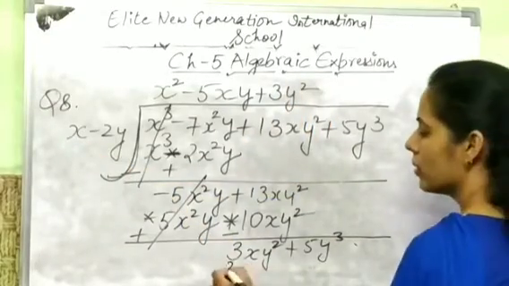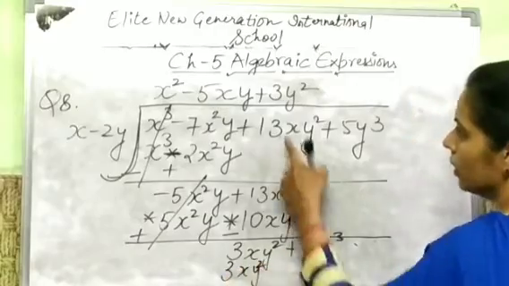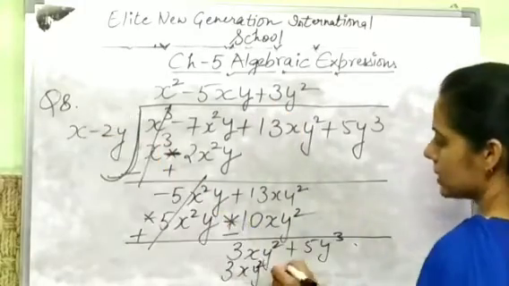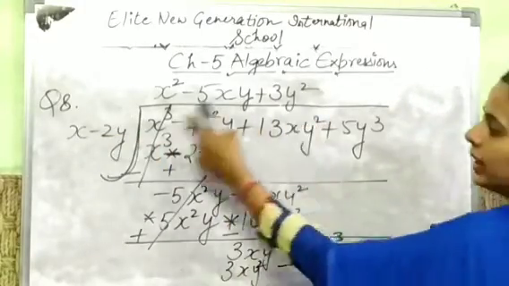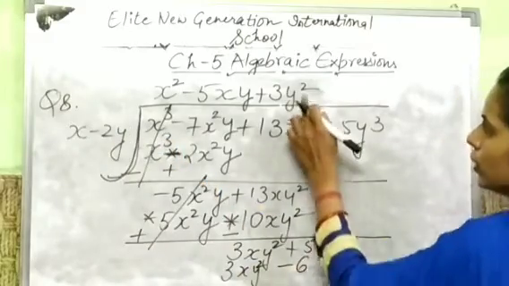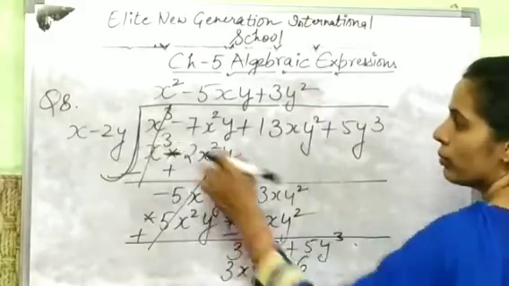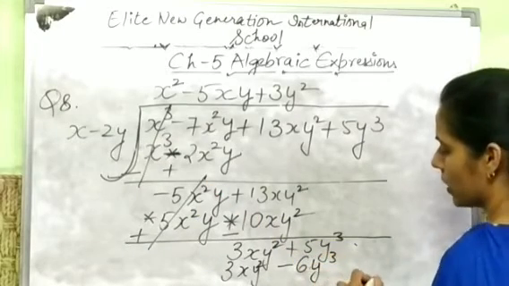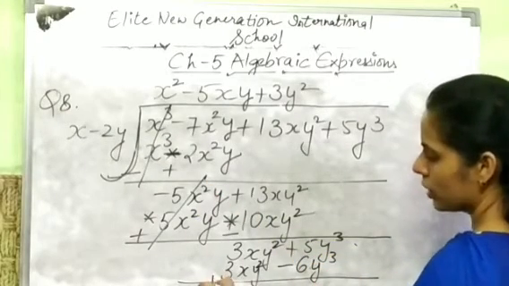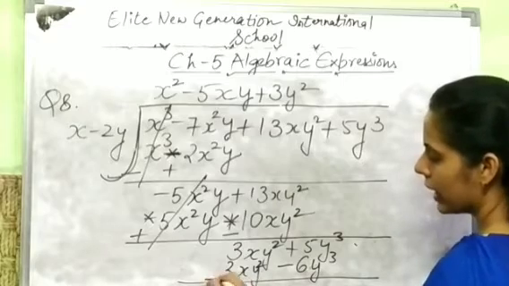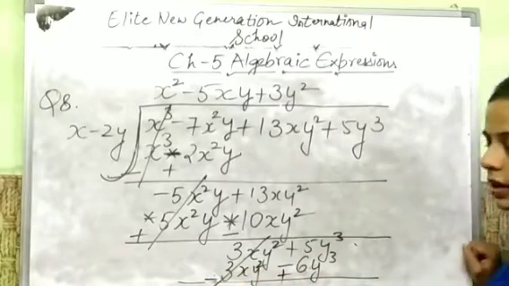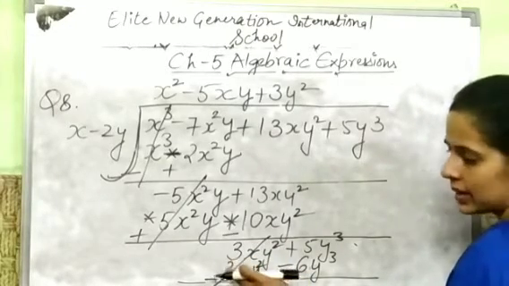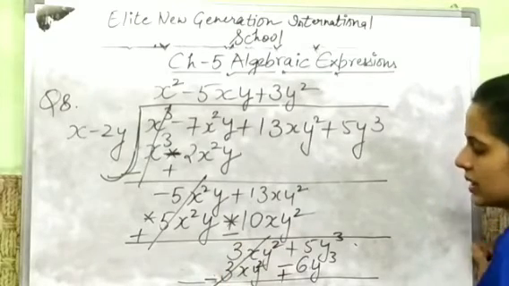So write here. Now plus, minus minus, 3 2s are 6, 5 square into y square into y, which is y cube. Okay, so it becomes negative and it becomes positive. Cancel out, this with minus sign, this with plus sign. We can easily cancel out.